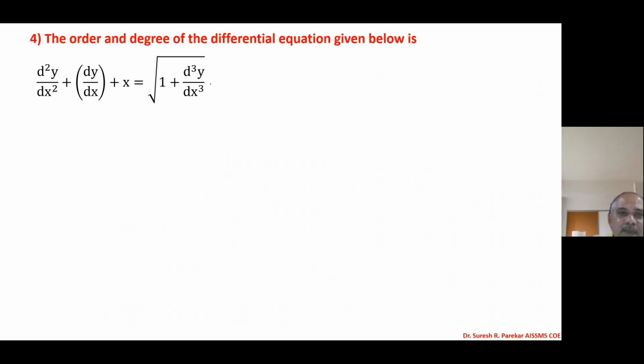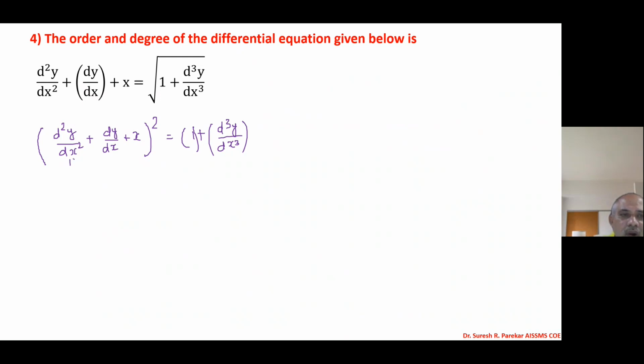Now you can see, as I just mentioned, we should not have a fraction. So we have to take the square of this. What I get is d2y by dx square plus dy by dx plus x, all to the power 2, equal to 1 plus d cube y by dx cube.